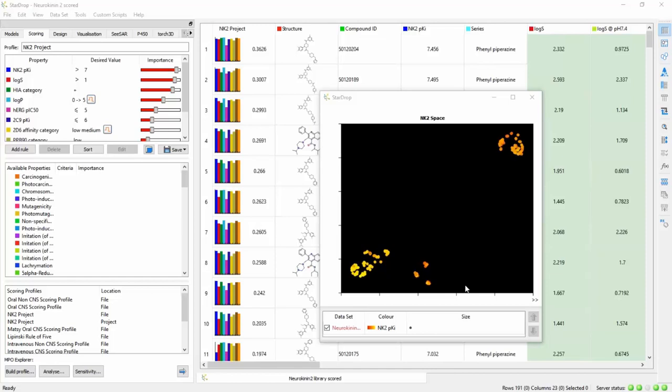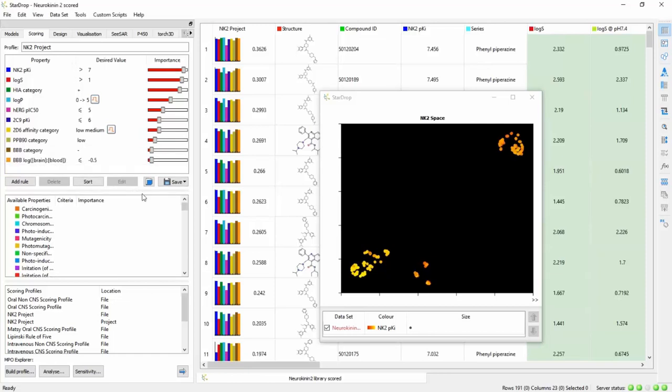So yes, you can do a wide range of different multivariate analyses in StarDrop. Obviously, Claire has touched on the multi-parameter probabilistic scoring approach to bringing together all of this data and finding the consistent strengths and weaknesses within a chemical series or an individual compound. So that's one approach there.